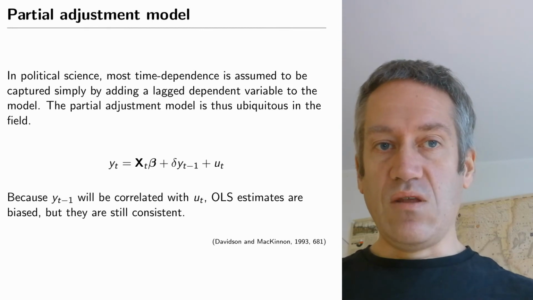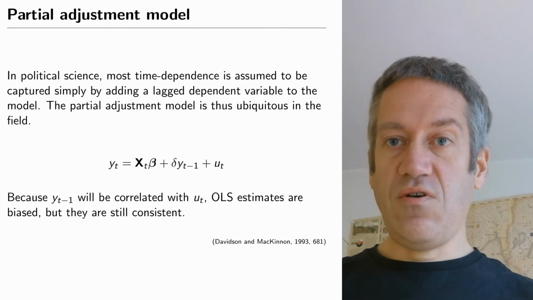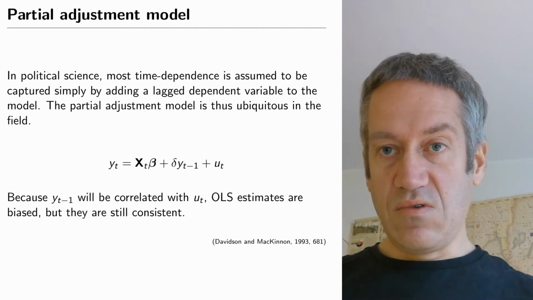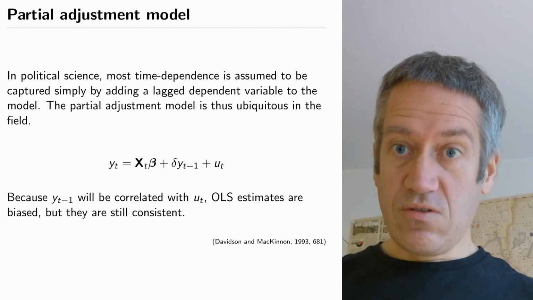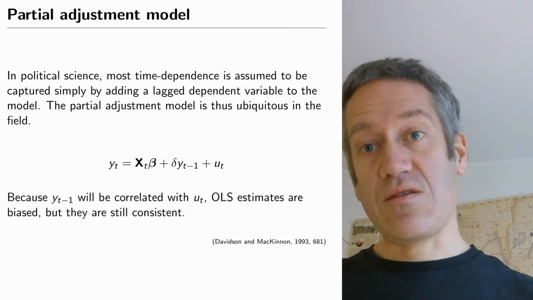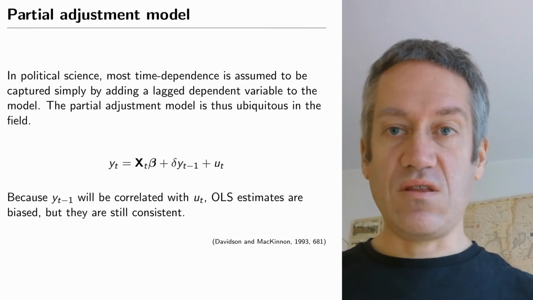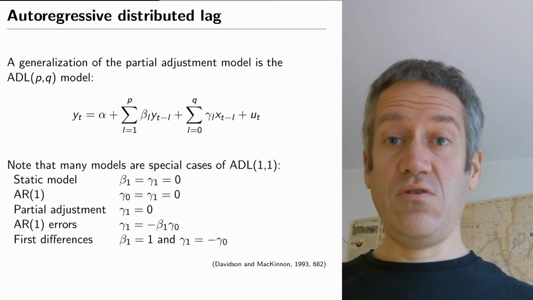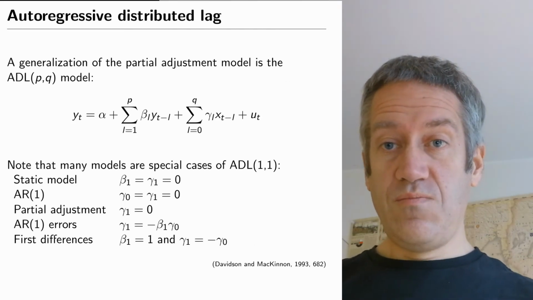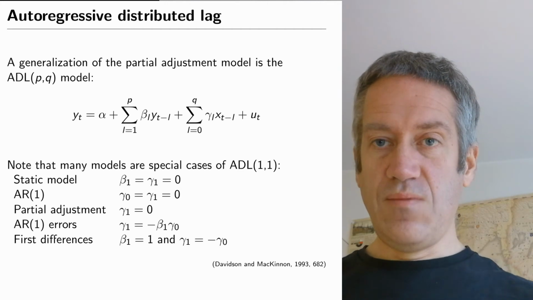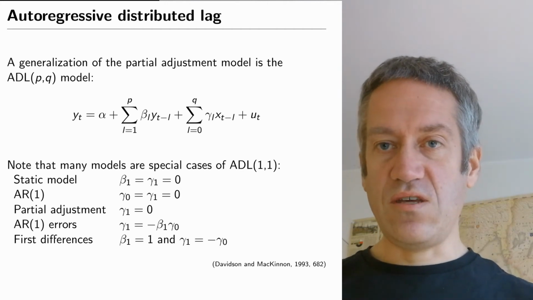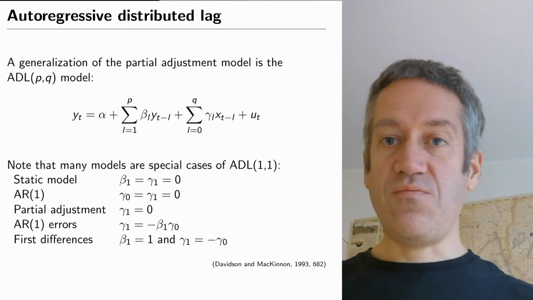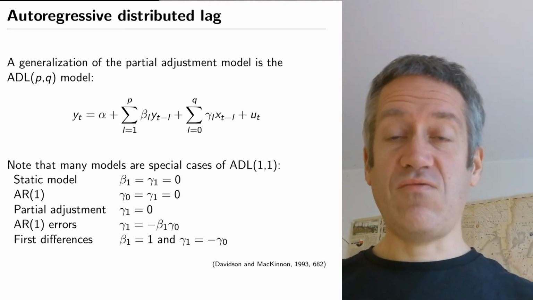And while this leads to biased OLS estimates because of the correlations in the errors, the OLS estimates are consistent. As the sample size increases, it converges on the right answer. Now, the partial adjustment model is actually just one specific simplification of what is called the autoregressive distributed lag model, where we have both lagged values of x and lagged values of y.